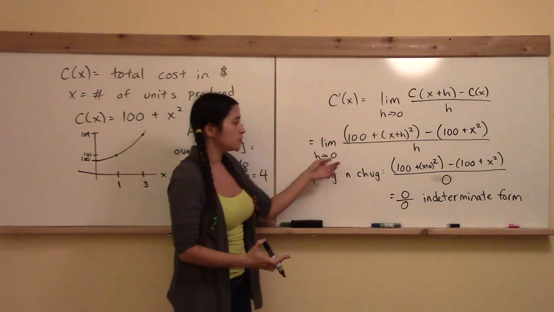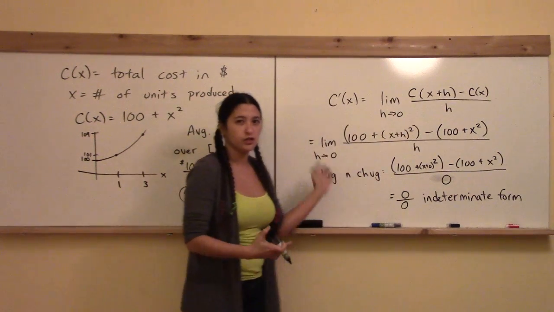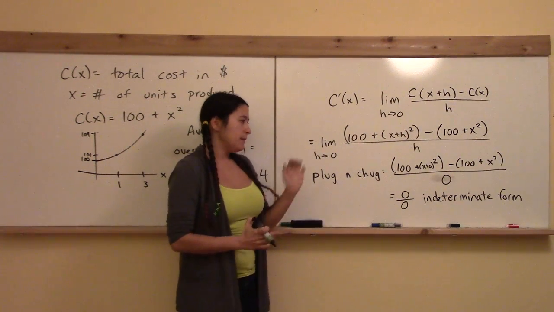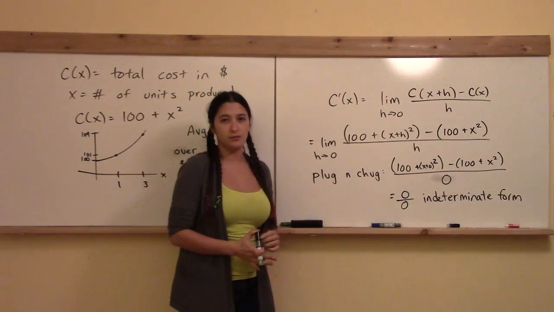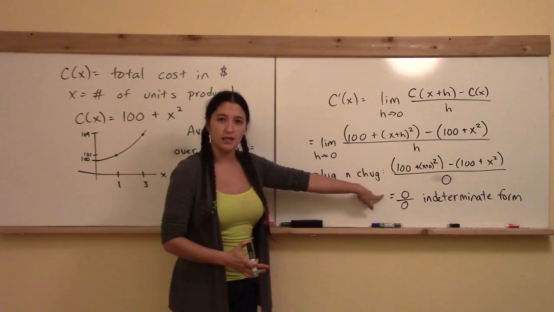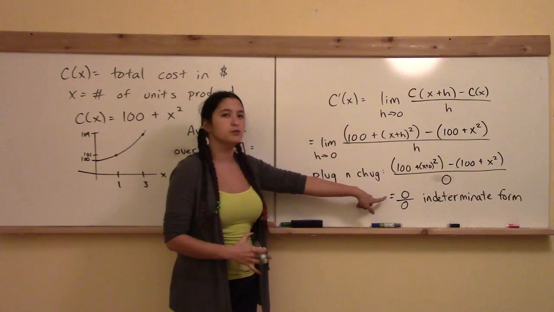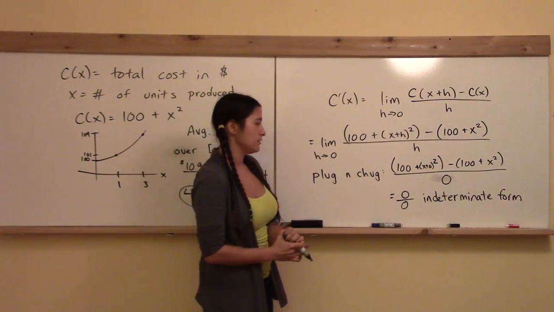Whenever you plug in, especially since you have an h on the bottom and the h is going to 0, you're going to get a divide by 0. But because this derivative is not going to be infinite and is actually going to turn out to be a real number, you must also get a 0 on the top so that you get indeterminate form as opposed to does not exist, which represents the vertical asymptote or blow-up behavior.